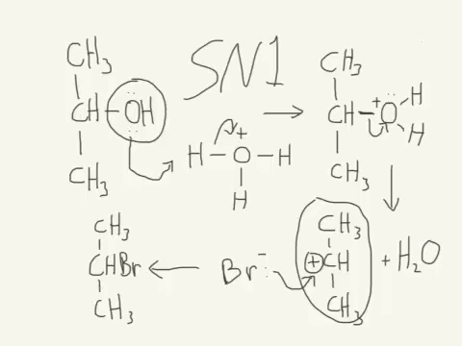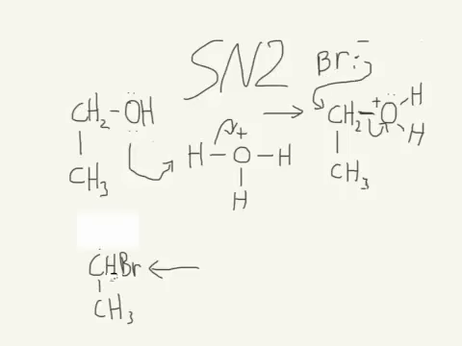We have done this as an SN1 reaction because a secondary carbocation is formed, which is fairly stable, more stable than a primary carbocation. If the OH was bonded to a primary carbon, then we would run this through an SN2 reaction mechanism, and it would look like this. Here I've put the hydroxyl group on a primary carbon.